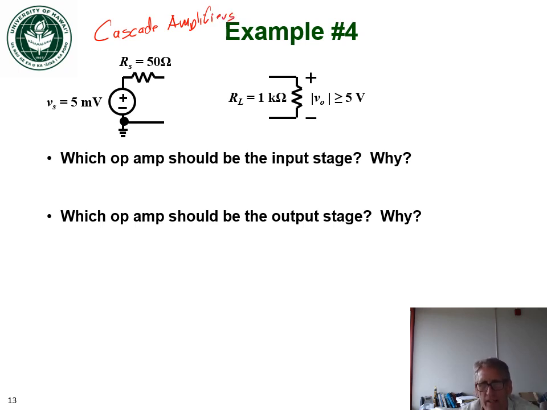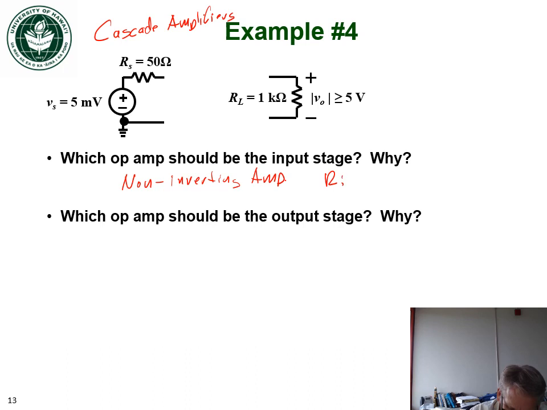So if we're going to cascade these amplifiers, which amplifier should be the input stage and why? The input stage should be the non-inverting amp. And why?